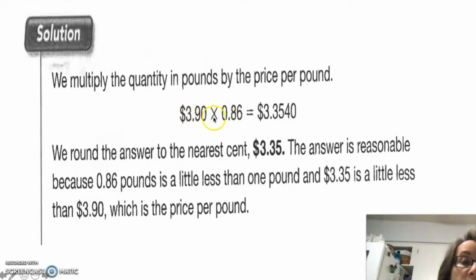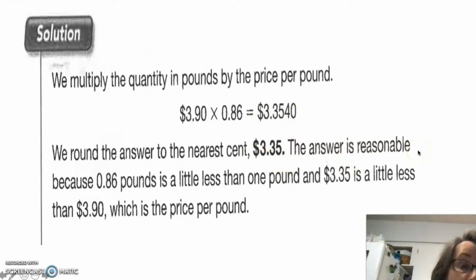So we're going to multiply. Notice that the pounds and the price per pound units would cancel, and we would get 3.3540, which is going to be rounded to $3.35. So that's the amount that we're going to have to pay.